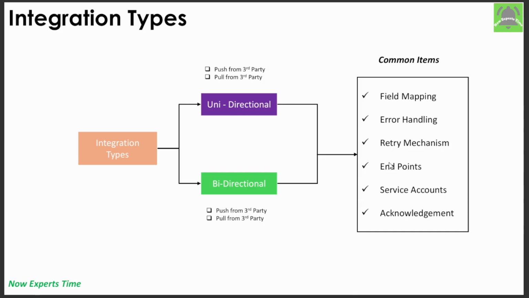Take it the reverse way. If the third party is trying to send the data to ServiceNow, then as a technician from the ServiceNow side, we need to generate a table, prepare that address or endpoint, and share the details with the third party.